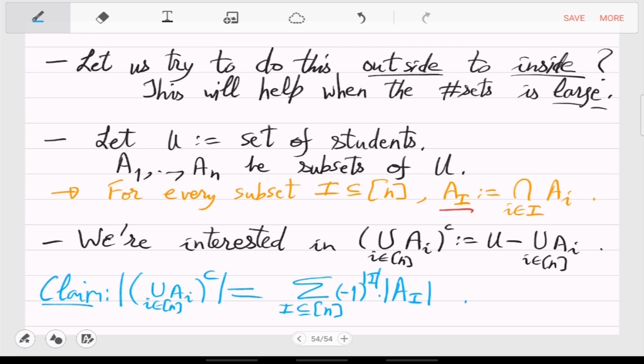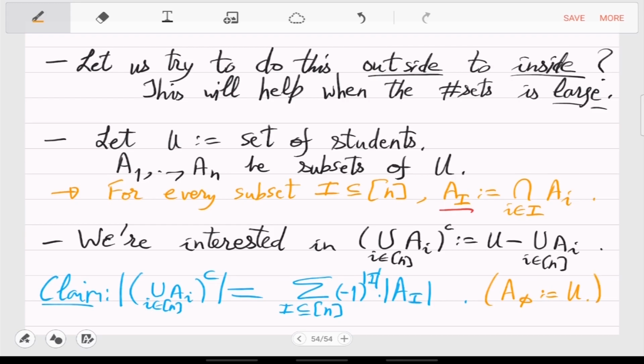Is that right? Then I should also define A empty. What is A empty? A empty is everything. That's the definition.